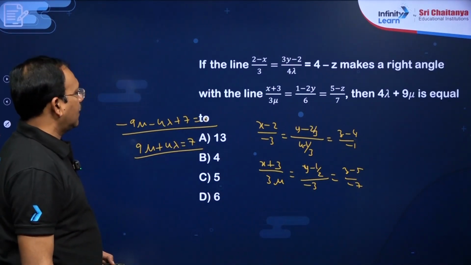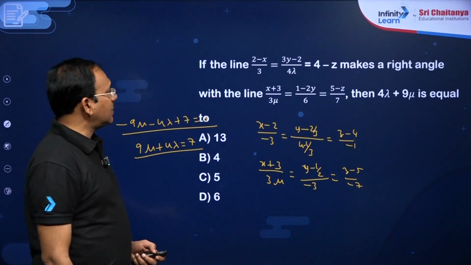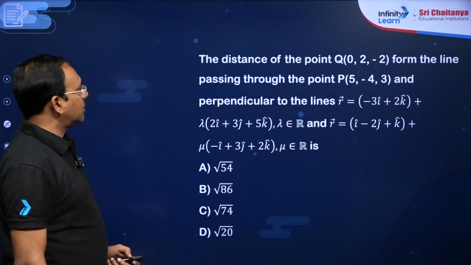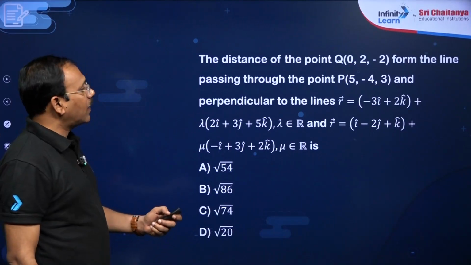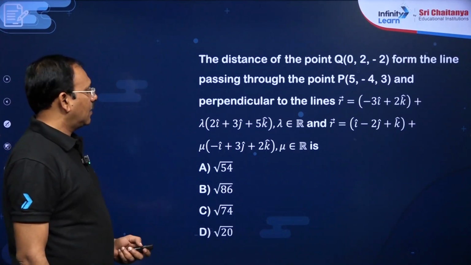Fine. So in the same way, dear students, you see this question: the distance of the point from the line passing through the point and perpendicular to this line and this line.